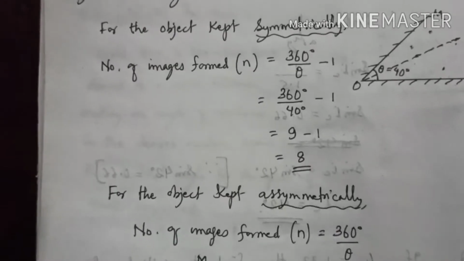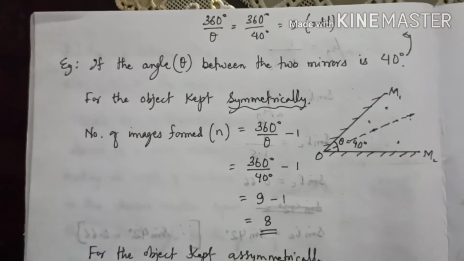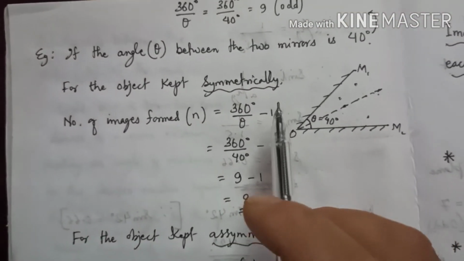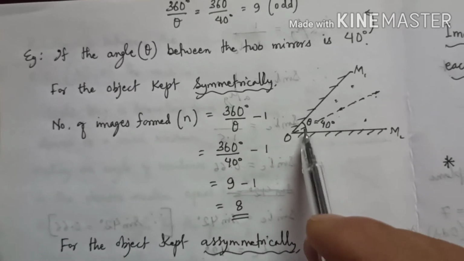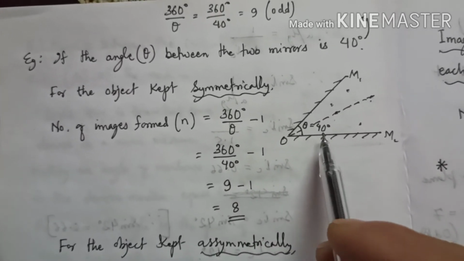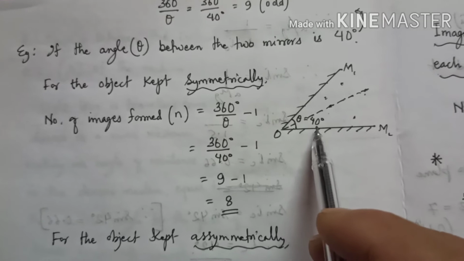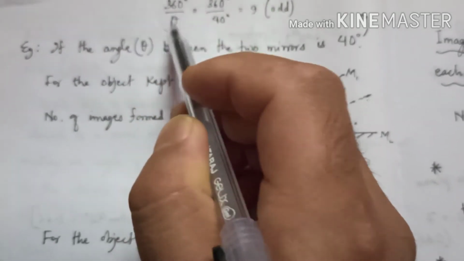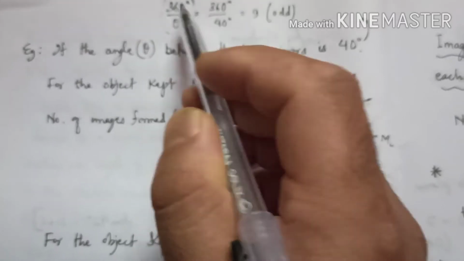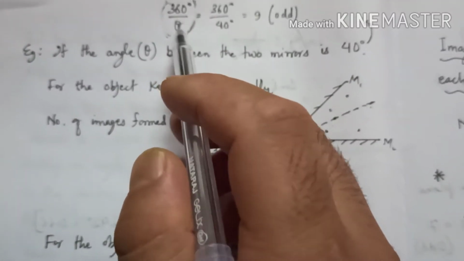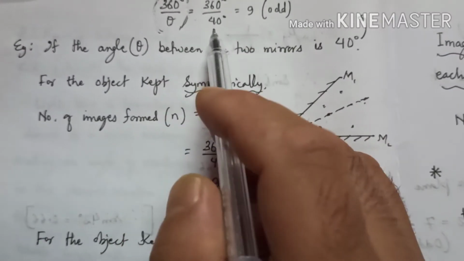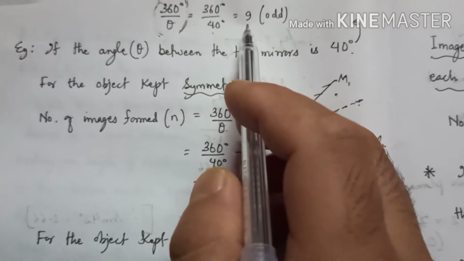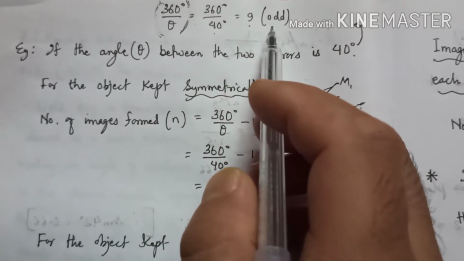So now here we have another example. Suppose the angle of inclination between the two plane mirrors is 40 degree, then how to calculate? First of all, we'll calculate this factor 360 by theta. In this case theta is 40 degree, we are getting 9, and you know 9 is an odd integer.